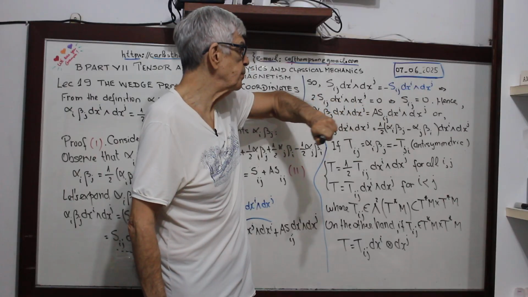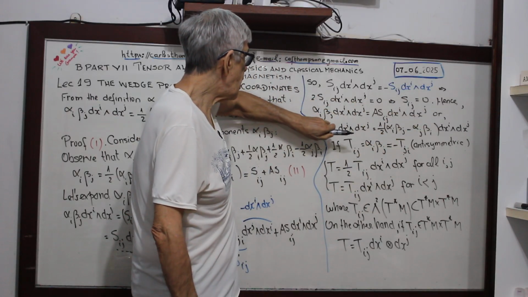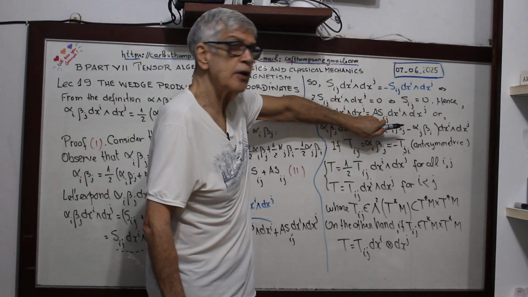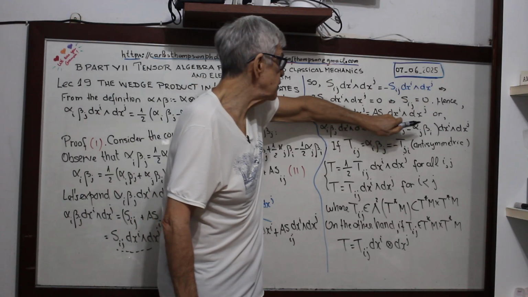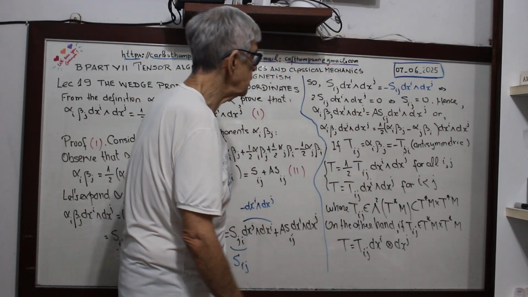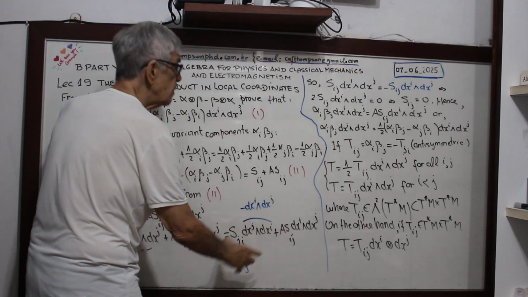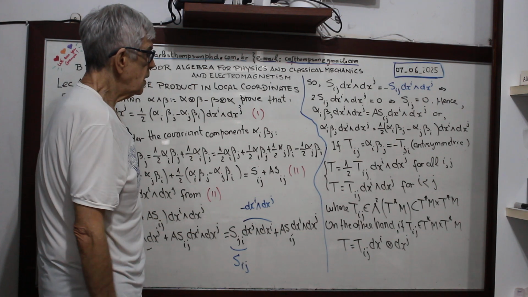That's an important consequence. Hence, in alpha_i beta_j dx^i wedge dx^j only the antisymmetric term A_ij dx^i wedge dx^j remains, because I proved the symmetric term is 0.